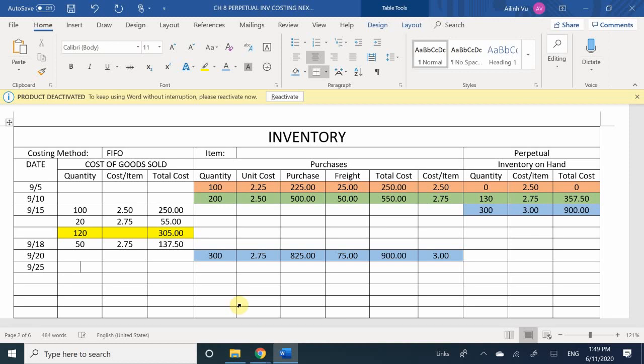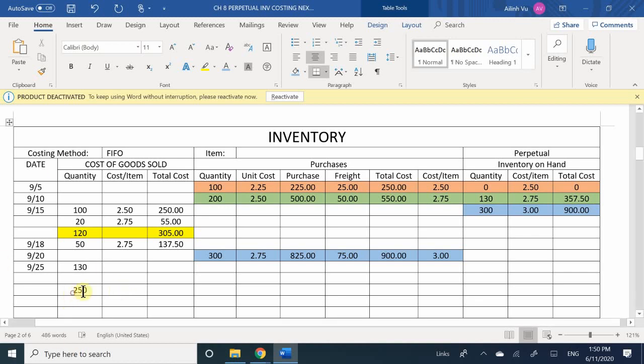Now let's look at our batches. Are we starting from the bottom or from the top? We're going to take the 130 first. That's correct. So at the end of the day, we need to reach 250.